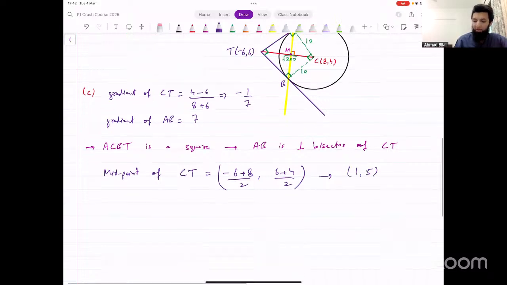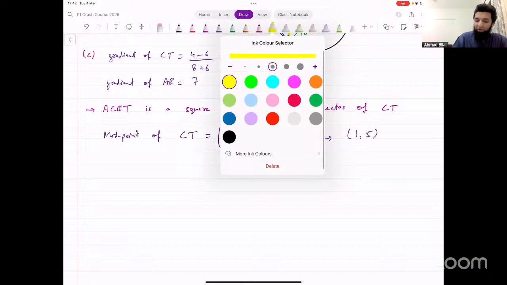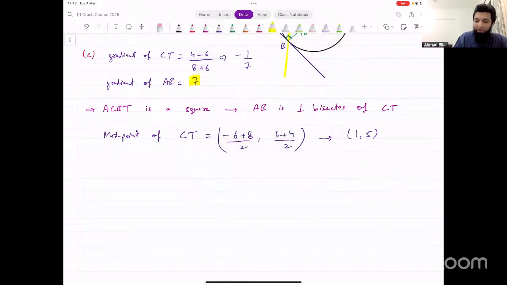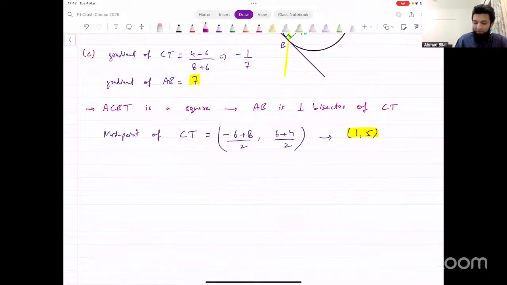That's the point that we were looking for. Now we have a point on the line and we have the gradient. We can use these two things to write down the equation of AB. What would that be? y minus y1 equals m into x minus x1. y minus 5 equals m, which is 7, into x minus 1. That's the equation that we were looking for.